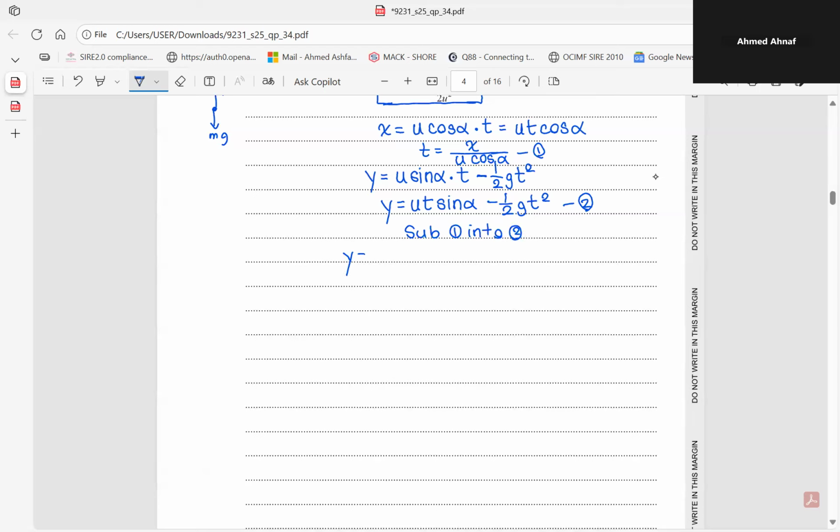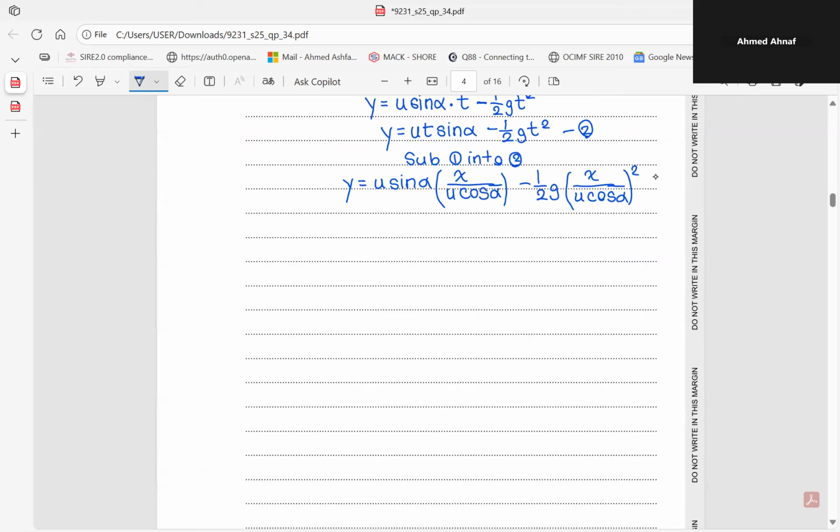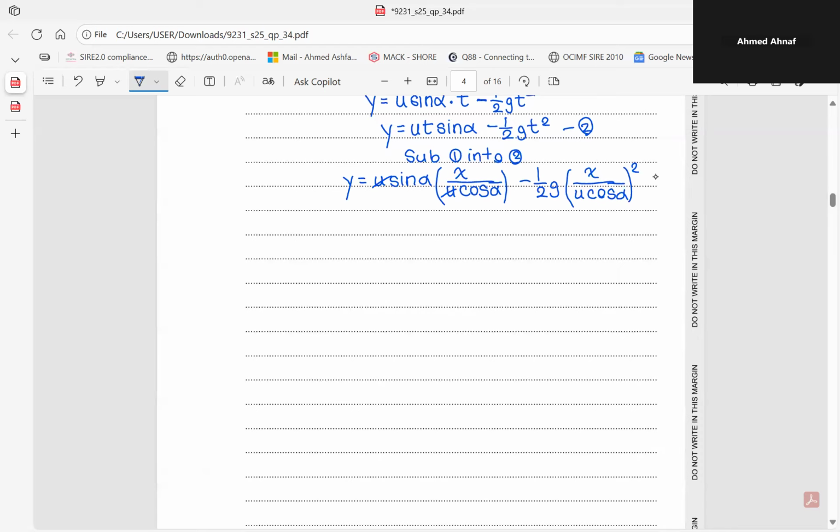So you get y equals u sine alpha times t, so t is x over u cosine alpha, minus half g, times t, which is x over u cosine alpha, the whole thing squared. So the u cancels out here, sine alpha with cosine alpha gives you tangent alpha. So y equals x tangent alpha, and then you get minus half g x squared over u squared cosine squared alpha.